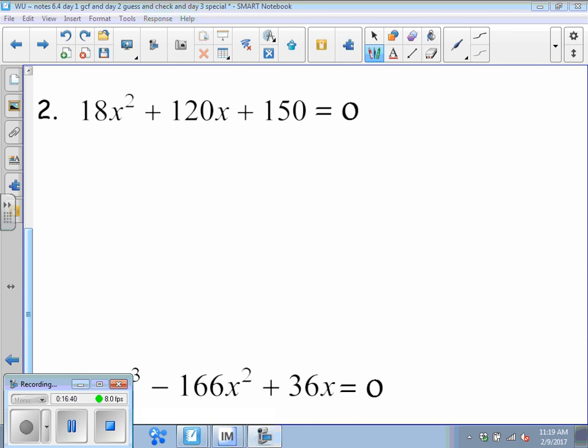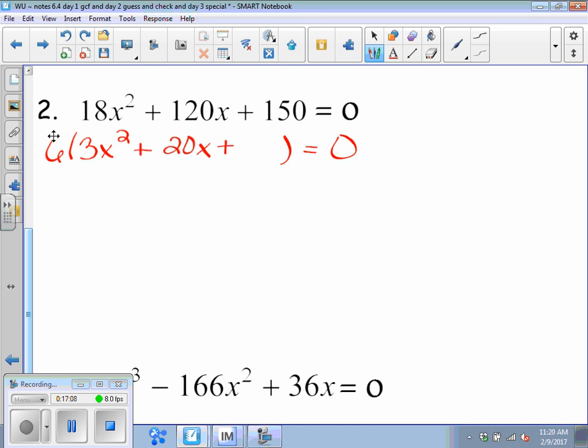When you factor out, especially a constant, it's going to make all those numbers smaller and much easier to factor. So we're going to factor out a 6. That's my greatest common factor. So 18 divided by 6 is, so that's 3x squared plus 120 divided by 6 is 20. And 150 divided by 6 is 25.